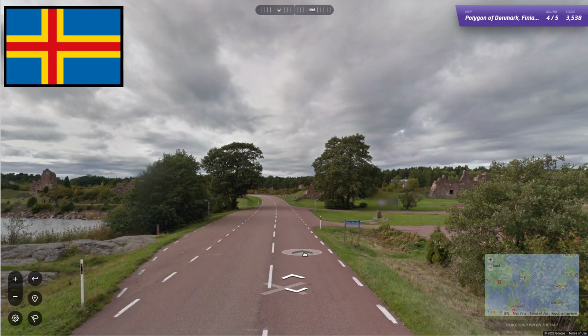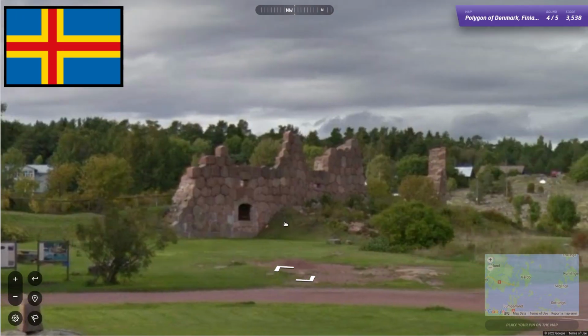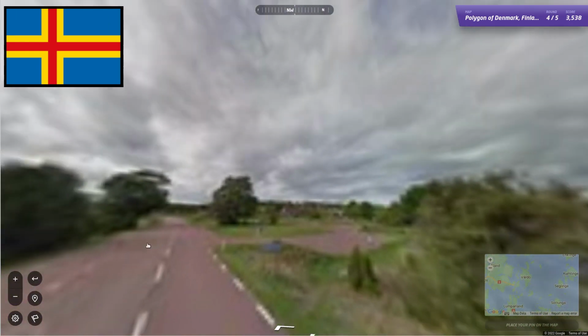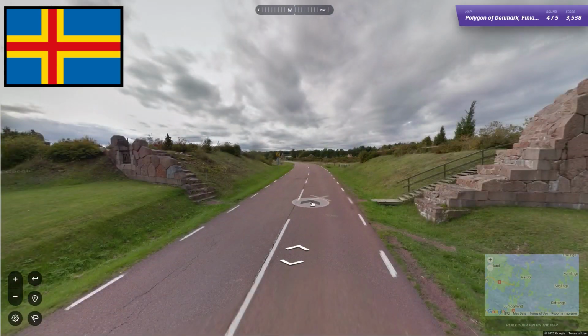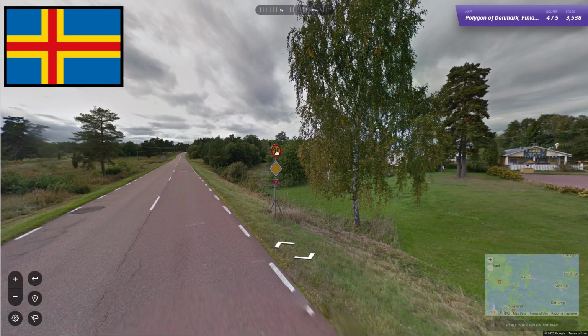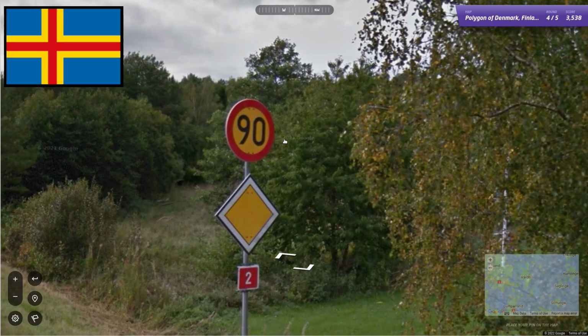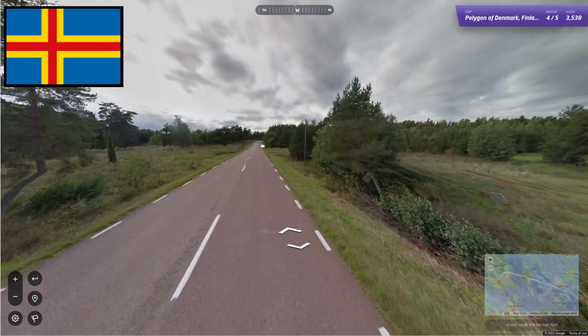Sund, I have been here. This is a very beautiful place. Here are ruins of a fortress which was blown up in 1854. Here in Åland you can also find a 90 km speed limit, which is non-existent in continental Finland.